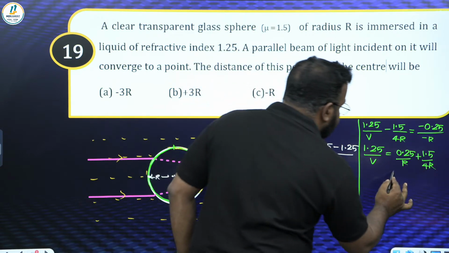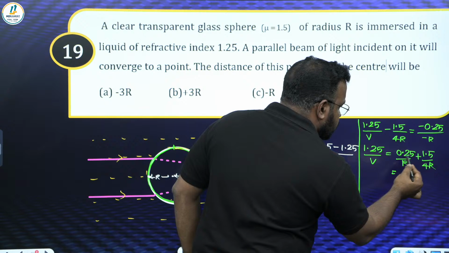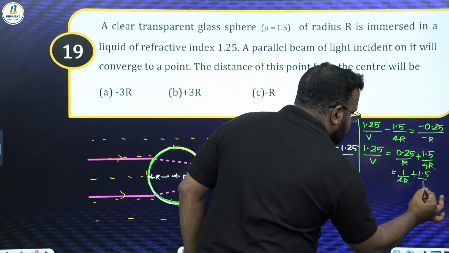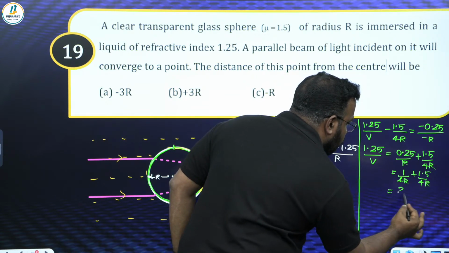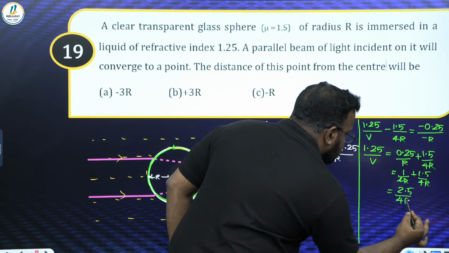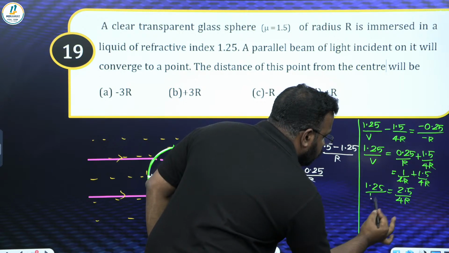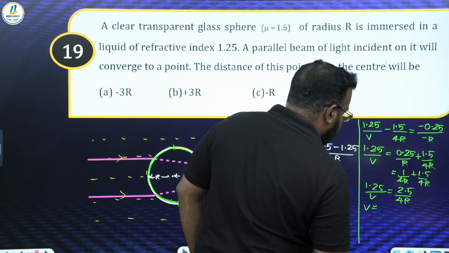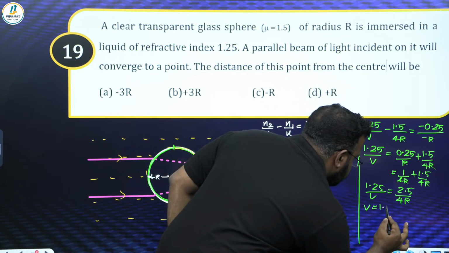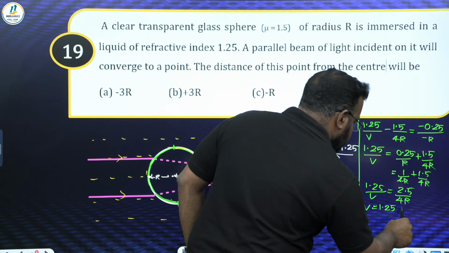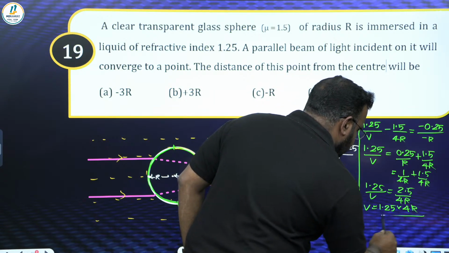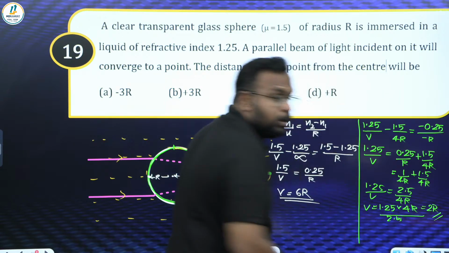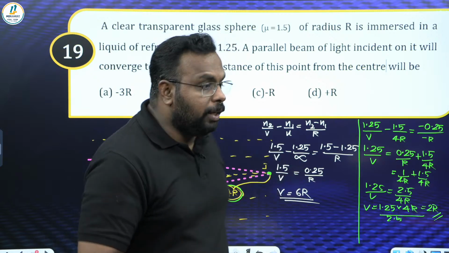0.25 means 1 by 4, right? So we get 1 by 4R plus 1.5 by 4R, that is 2.5 by 4R, equal to 1.25 by V. Solving, V is equal to 1.25 into 4R divided by 2.5, so we get V as 2R.